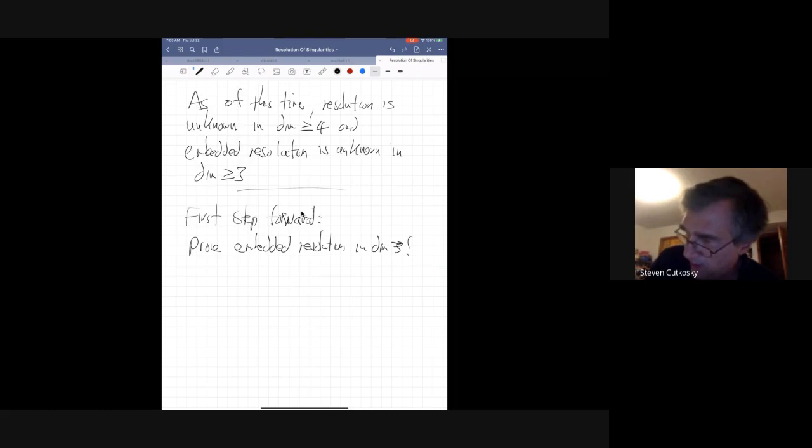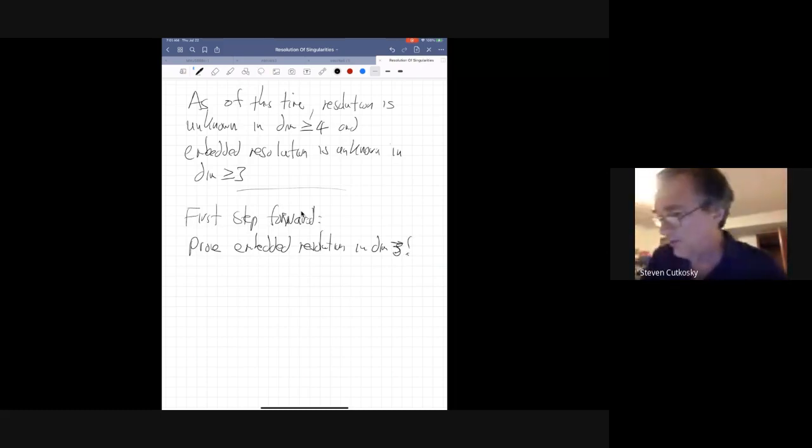In fact, the thing which has really stopped us is we don't know how to prove embedded resolution in dimension 3, although we do know that there exists a resolution. And if this were true, we would be able to prove local uniformization at least in characteristic bigger than 24.